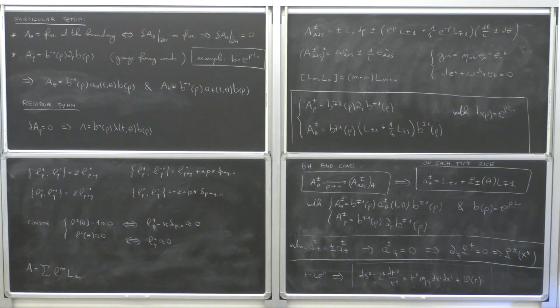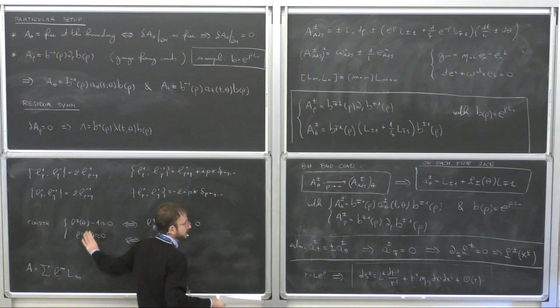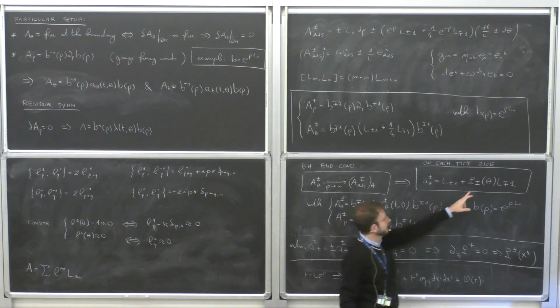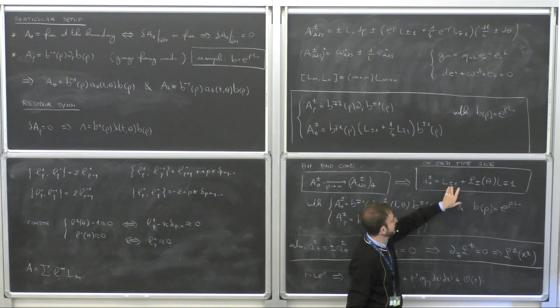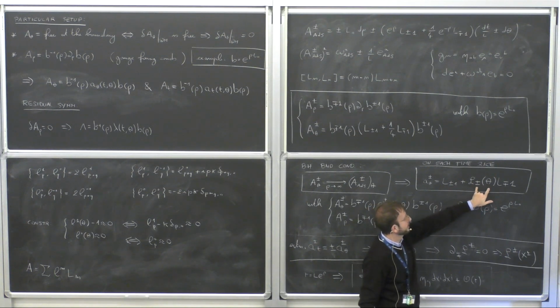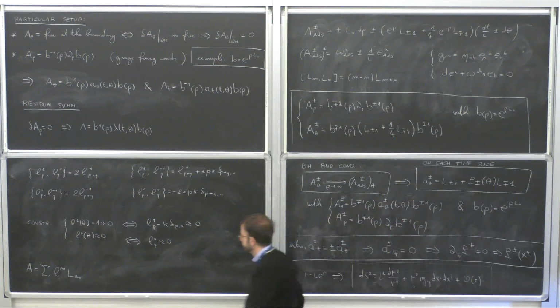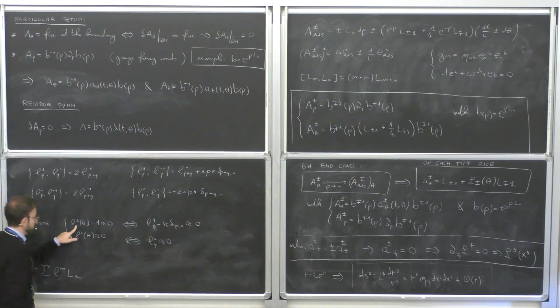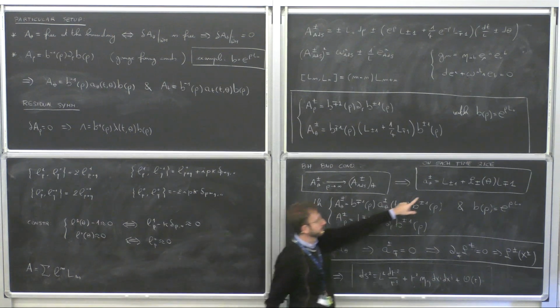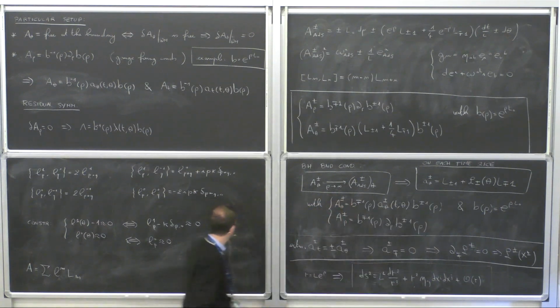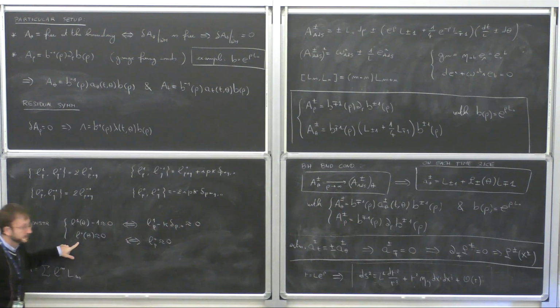Okay, so those are the constraints that follow from the fact that here I took just the plus copy. For the plus copy, I just have this fixed. And here I have the only variable that remains, the mode associated to L minus 1. So this means that the L1 function has been set to 1 because there is this term here. And the L0 has been set to 0.